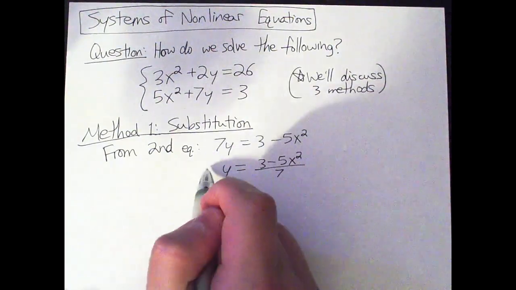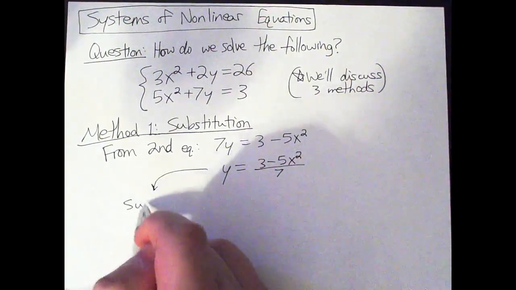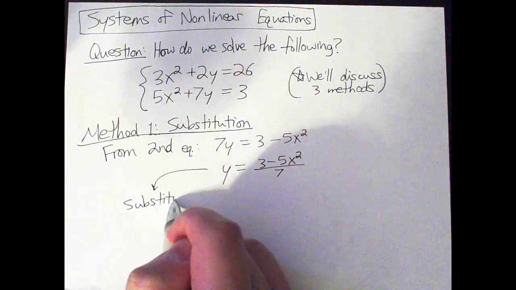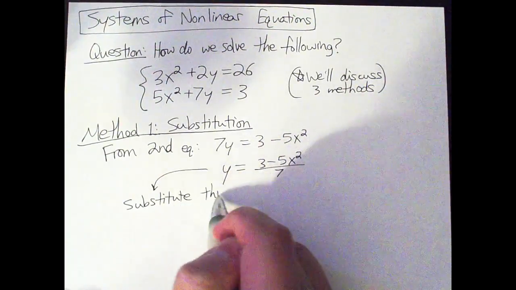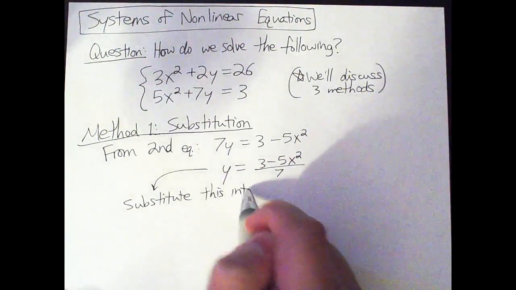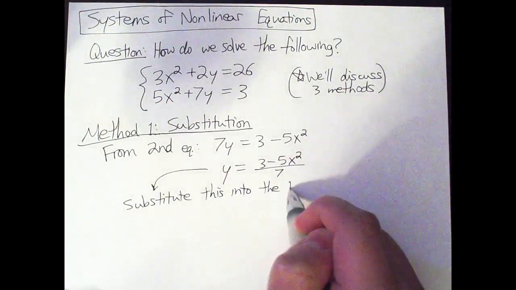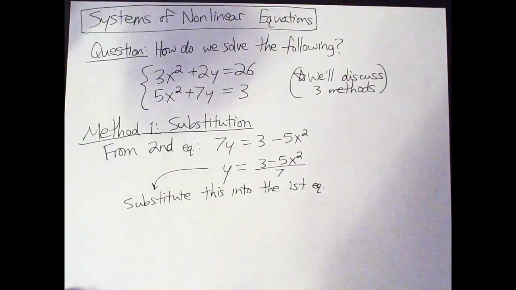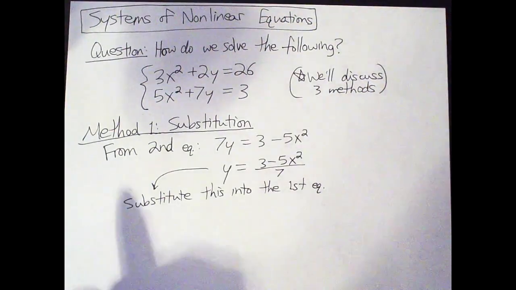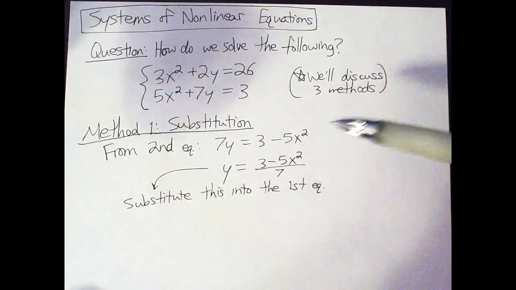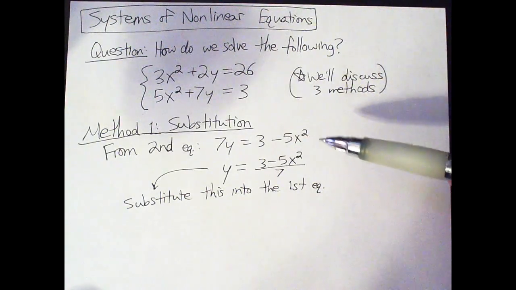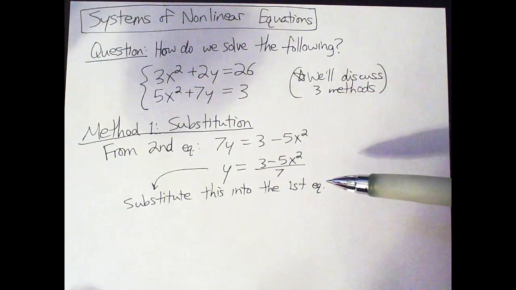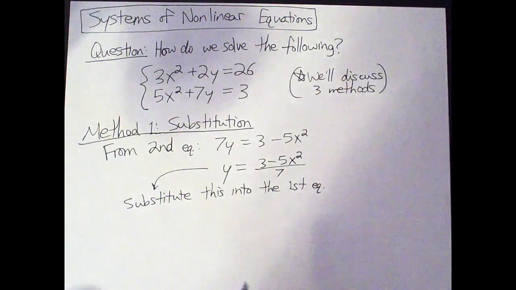All right, and then the idea is we'll substitute this into the first equation. So this is really similar to what we did with some linear systems. Solve for one variable in terms of the other, and then substitute into the other equation, the one that you haven't used yet.